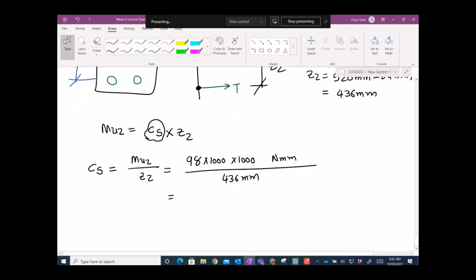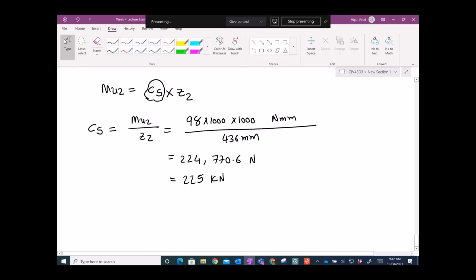So in that case, you would have a force 98 divided by 436 times 1000 times 1000, you get 224,770.6 newtons. So 225 kilonewtons. Let's say the force taken by this top Rio is 225. So if you know the force, then you can calculate the area required by that one.